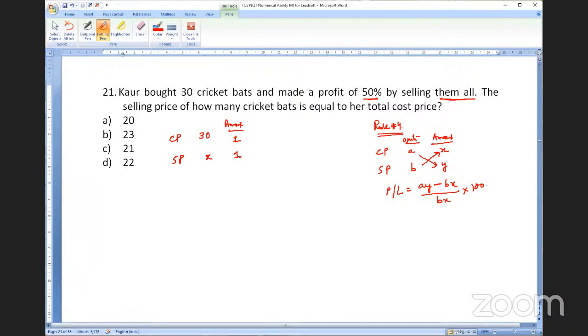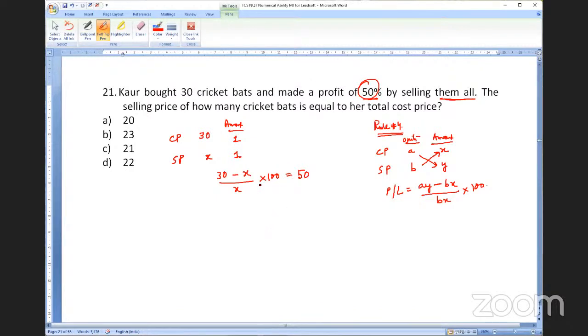This is what we need to find. Now, if we use the diagonal rule, then 30 into 1 is 30, minus x into 1 is x, divided by x into 100 is equal to the profit which she made. She made a profit of 50%.